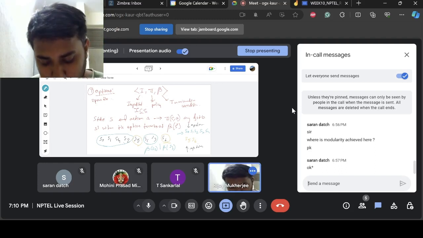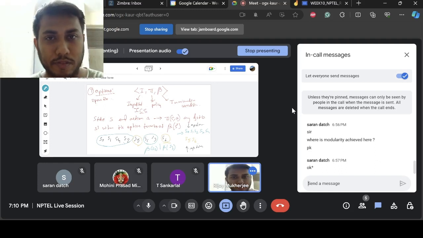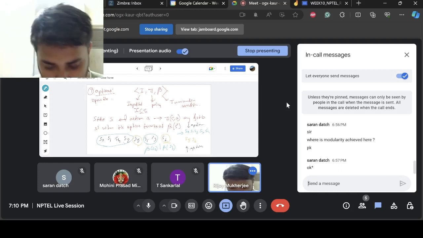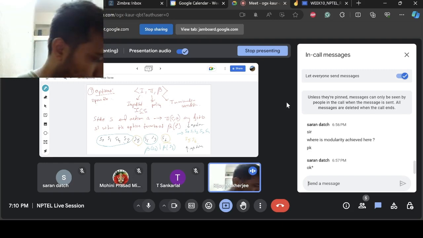Okay, this is how you are defining your options. So these are semi-Markovian options. Markovian options and semi-Markovian options exist, but as the name suggests, what happens in the case of a Markovian action?